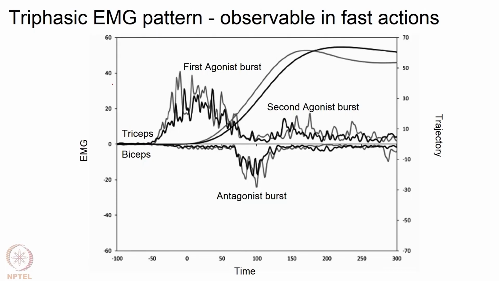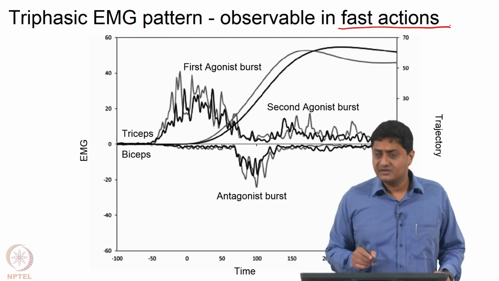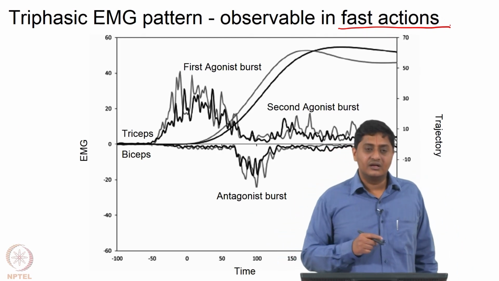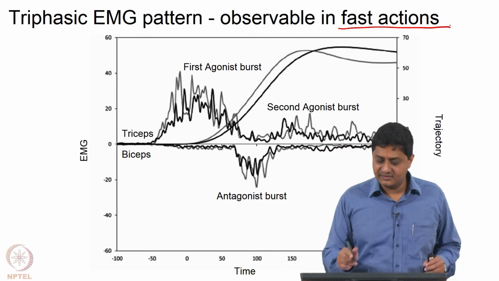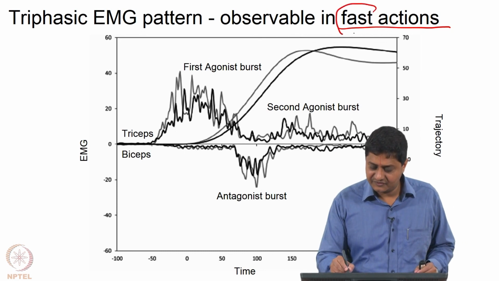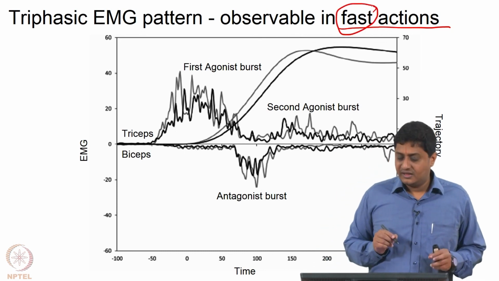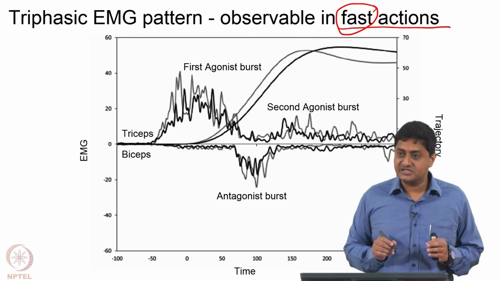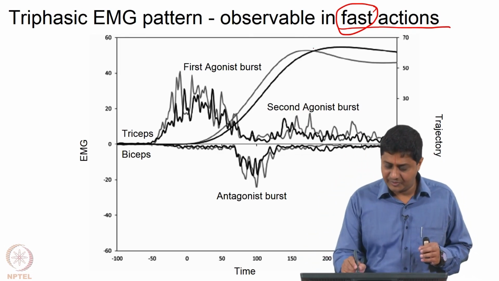Another case is how smooth displacement is produced in relatively fast actions. Suppose I am making a fast reaching action. Important to note is that the key word here is fast. In fast actions, I am interested in reaching a particular destination.